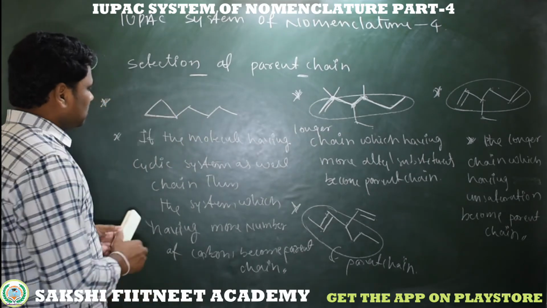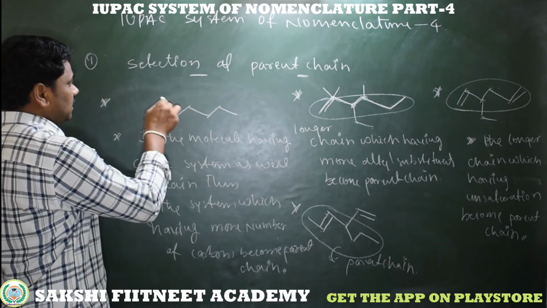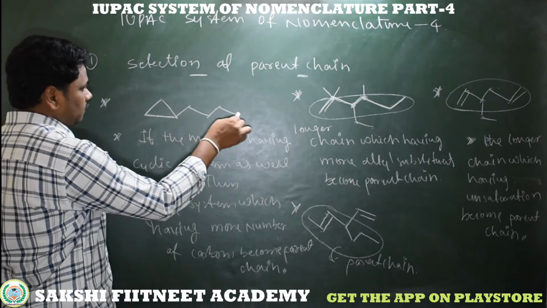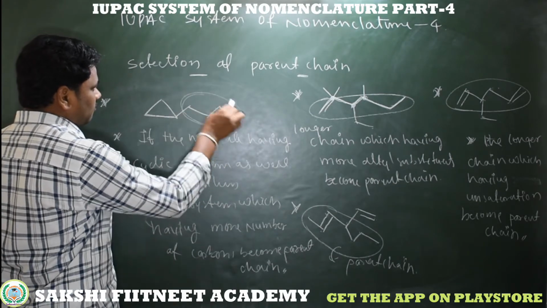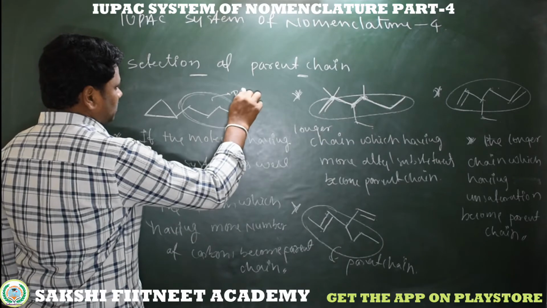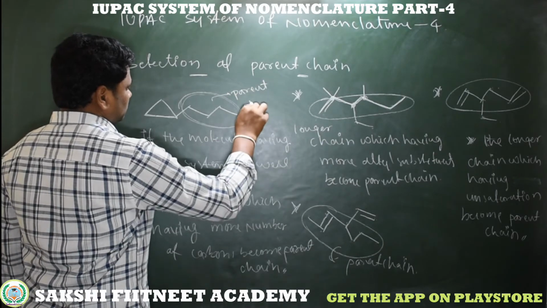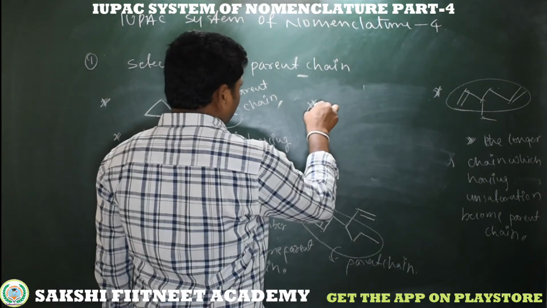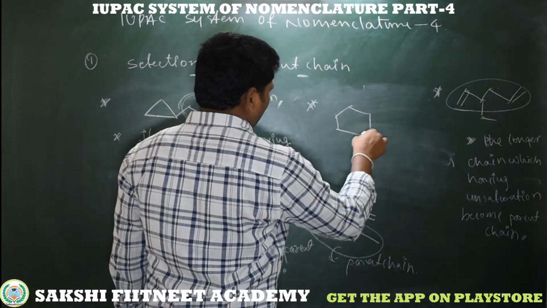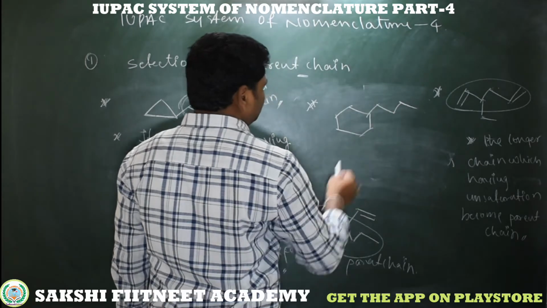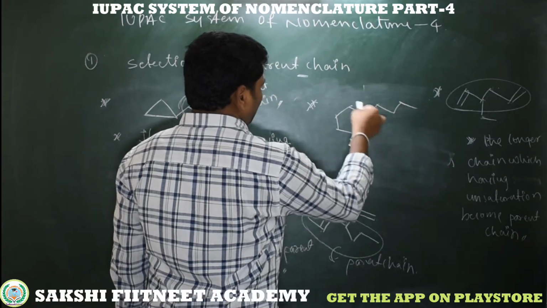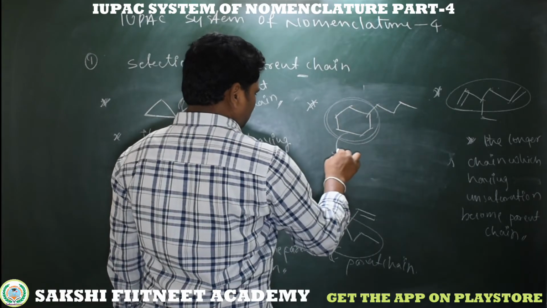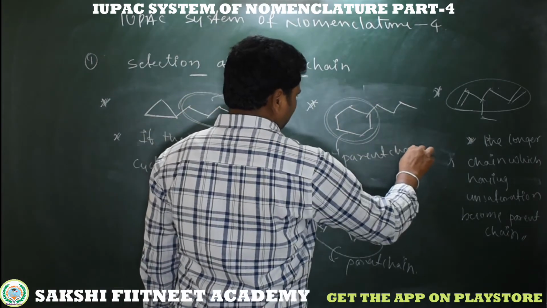So here in this case, the cyclic system has 3 carbons, 1 2 3, and the chain has 1 2 3 4. So this chain, having more carbons, becomes the parent chain. The next case, an example like this: 1 2 3 4, and here we have 6 carbons in the cyclic system, so this becomes the parent chain.